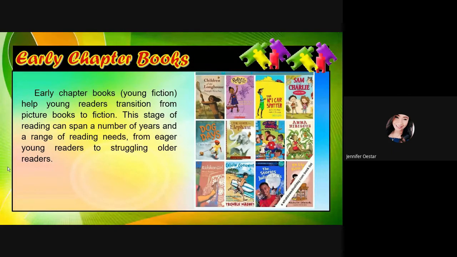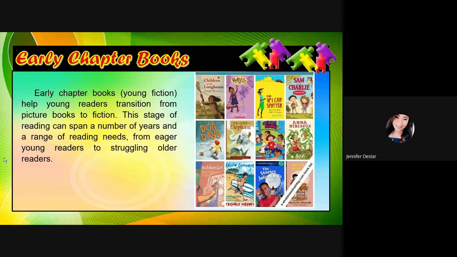This stage of reading can span a number of years and a range of reading needs from eager young readers to struggling older readers. So for example, your child is a beginning reader, you can introduce the child to stories with fewer texts and with pictures as well. So it could be for beginning readers.